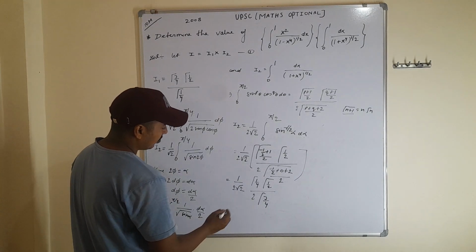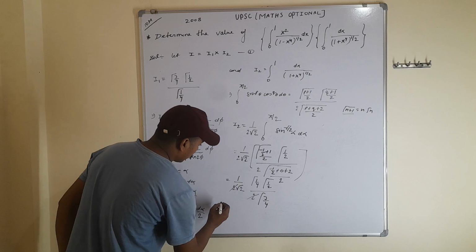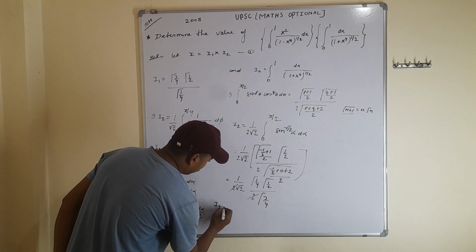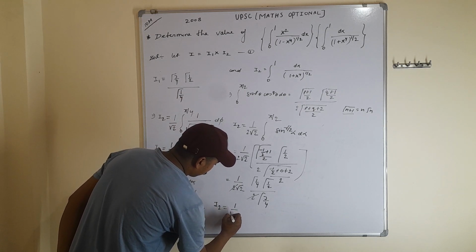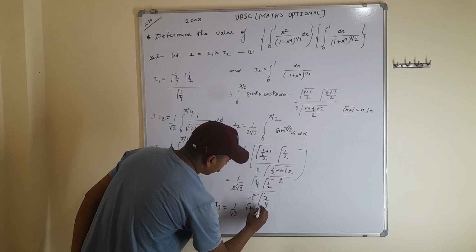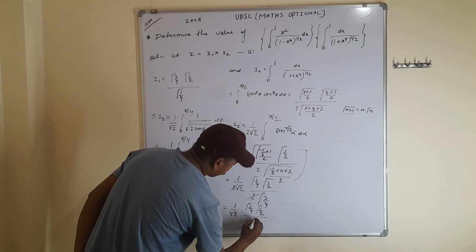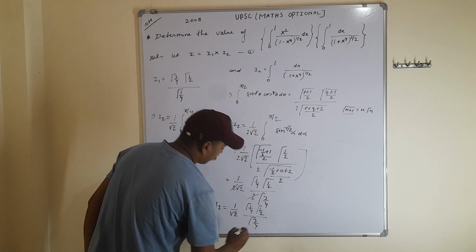From here 2 to 2 cancel out, that is the value of I2 is 1 upon root 2 gamma 1 by 4 and gamma 1 by 2 upon gamma 3 by 4.